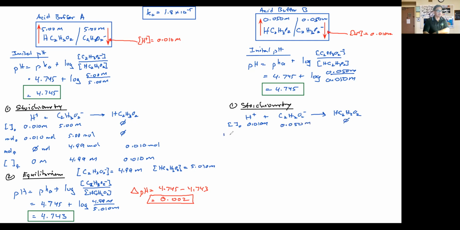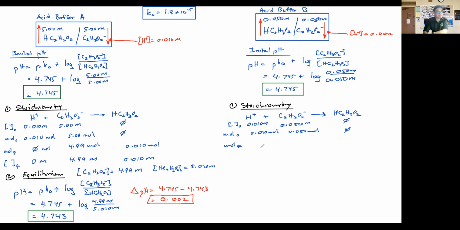So the initial moles, in a 1 liter solution, we expect that we have 0.010 moles of hydrogen ion, 0.050 moles of acetate, and no acetic acid initially. Then after the reaction is done, the amount of acid still has to be the limiting reagent. We can't have more of it.